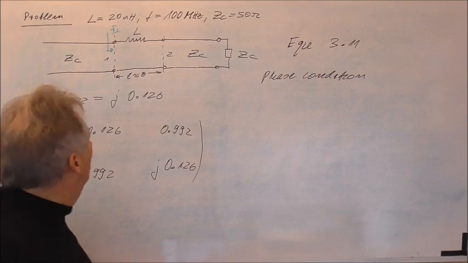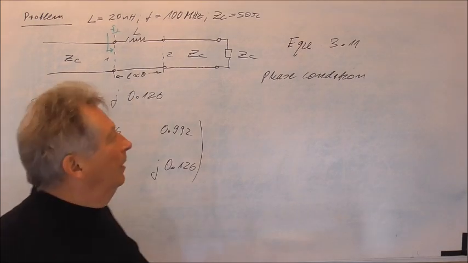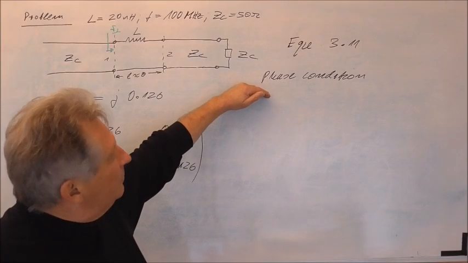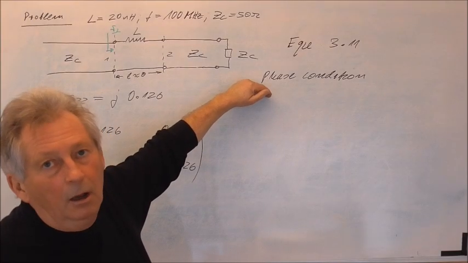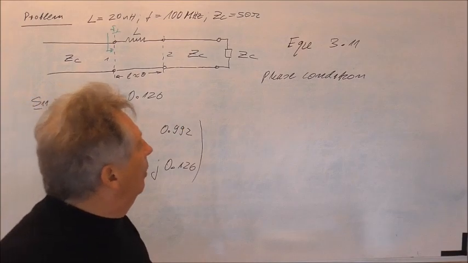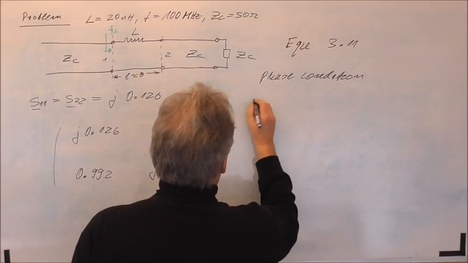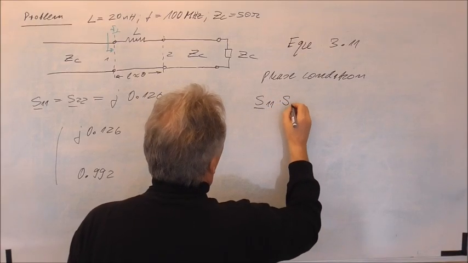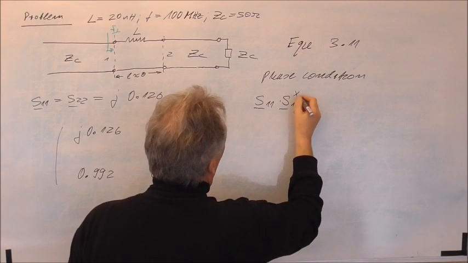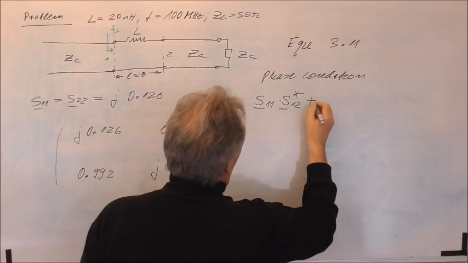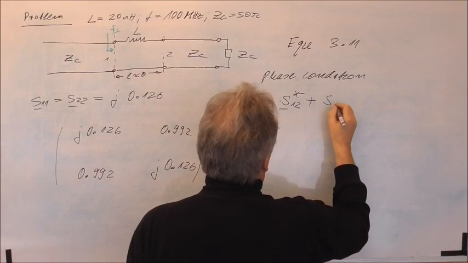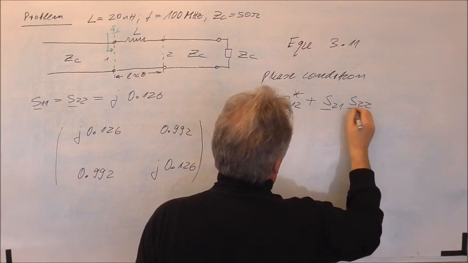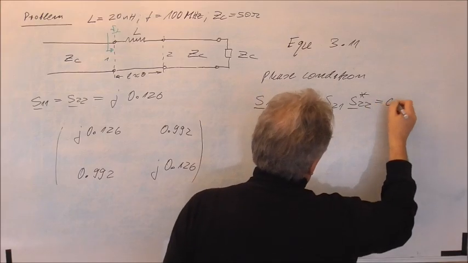So beside the absolute value condition I already applied, a lossless two-port must also fulfill the so-called phase condition, and the phase condition reads that S11 times S12 conjugate complex plus S21 times S22 conjugate complex must be 0.